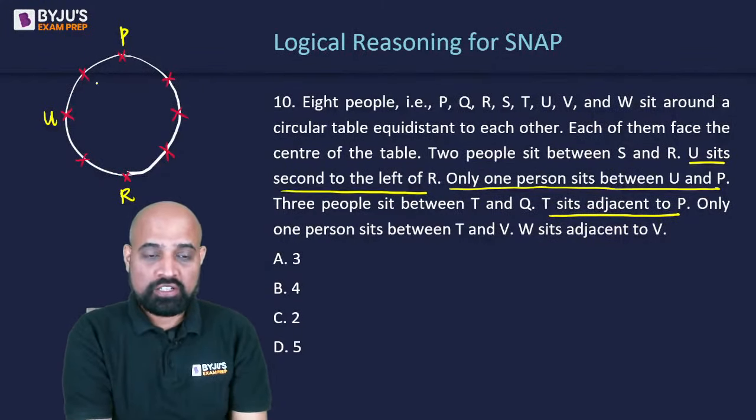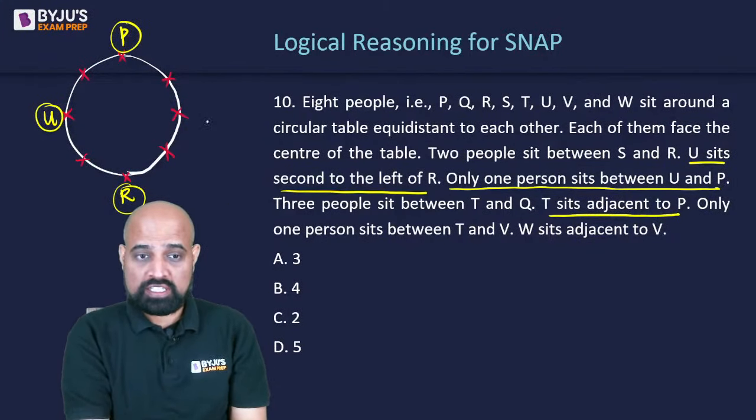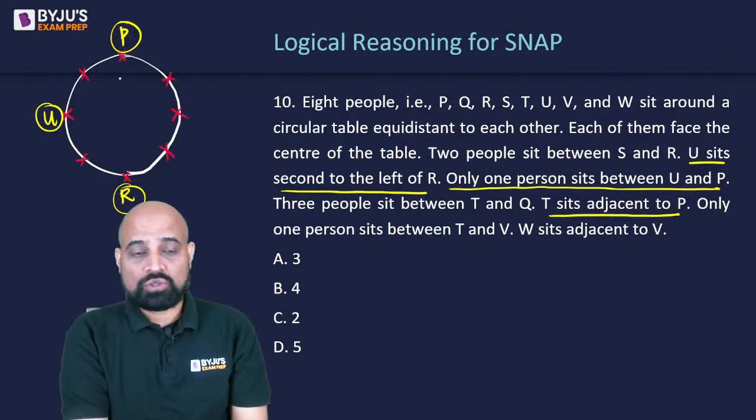So I'm fixing this so that I will not erase these three people if the sequence is not clear. तो अपन इसको नहीं erase करेंगे, the ones that I've circled.